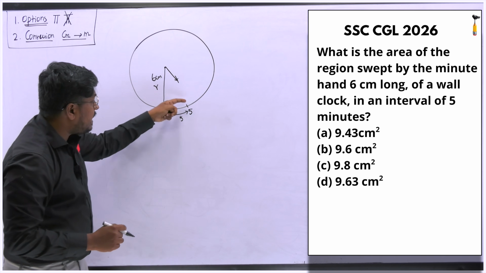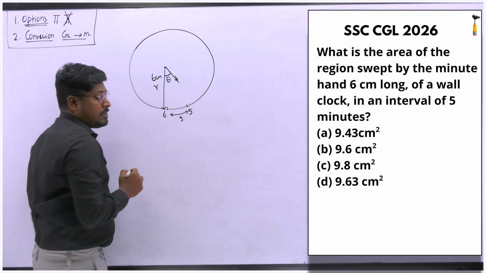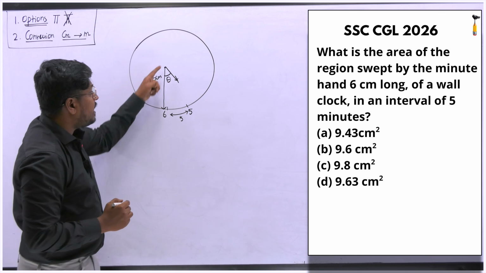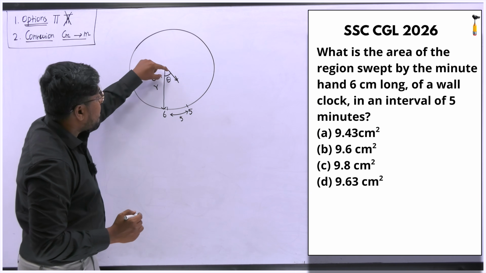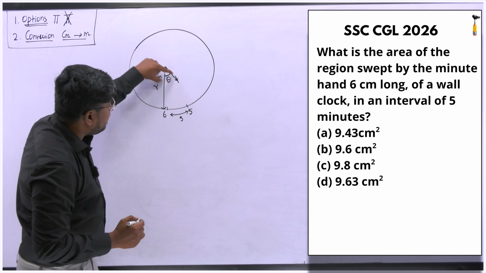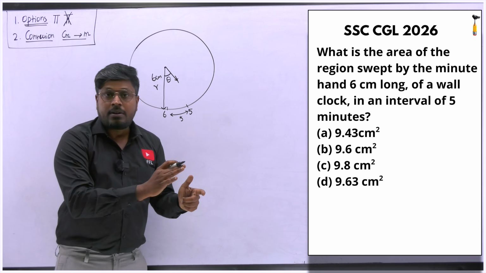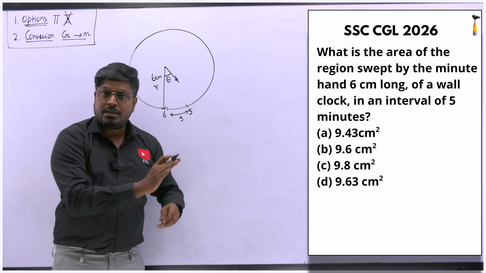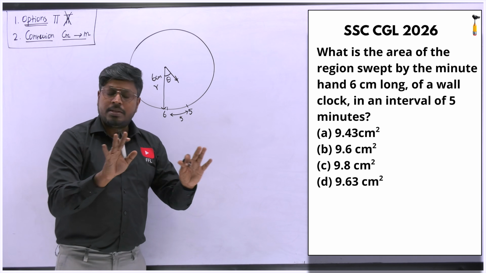To find the area of this part, we have to find the angle of it. Only if you know the angle, we can find the area of this 5 minutes interval, this part, or else this sector alone. Remember, I think I have posted a separate video on the clock lesson, or else if you didn't watch it, no problem.